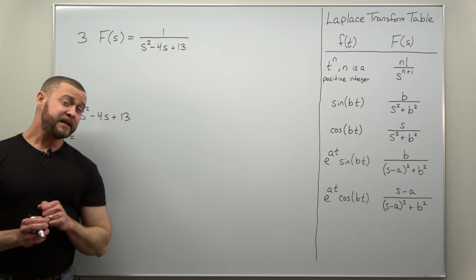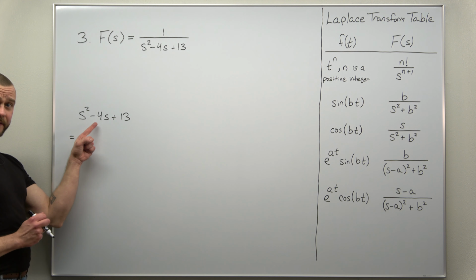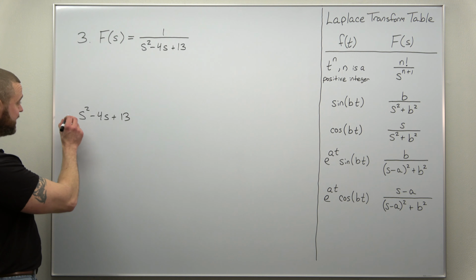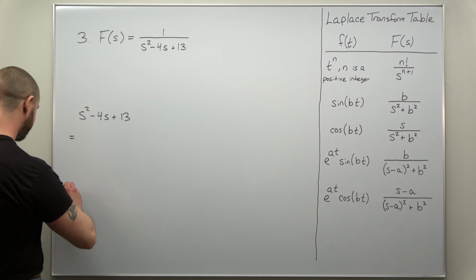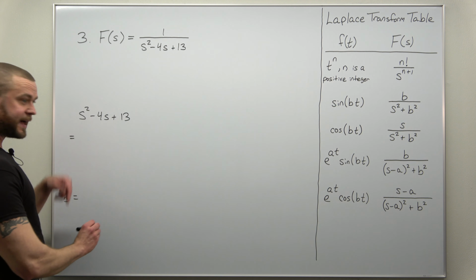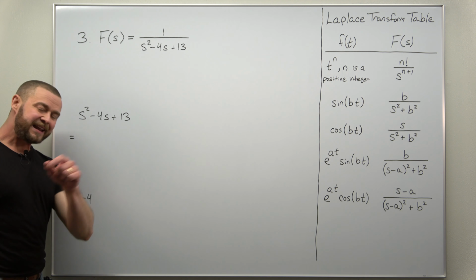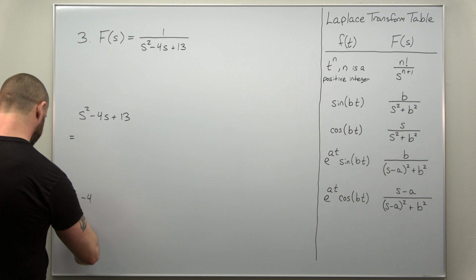And the way I like to advocate to complete the square is we take our middle coefficient. In other words, if we think of this as being a quadratic expression, as squared plus bs plus c, we're going to identify b as -4. And we're going to add and subtract b over 2 squared.